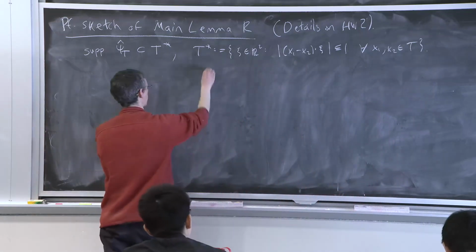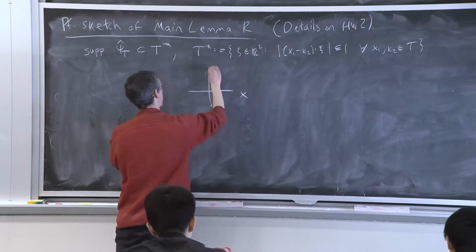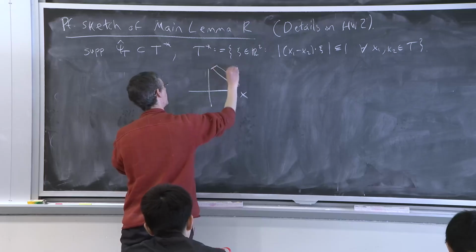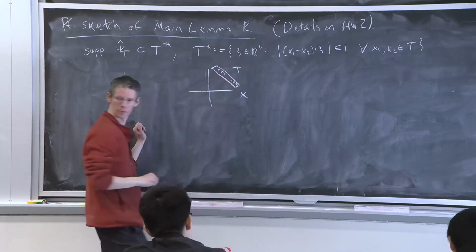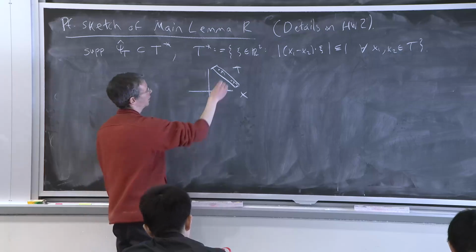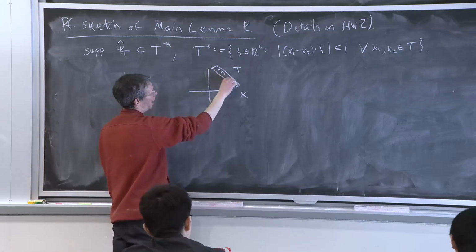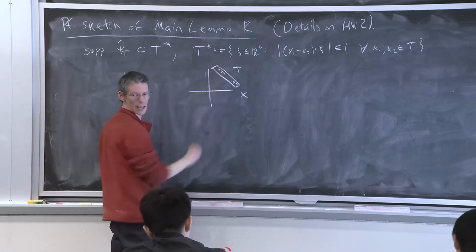Here's a picture. In x space, here is our tube T, and I take a couple of points in it, x1 and x2. Our xi is going to have a small dot product with any vector like that.